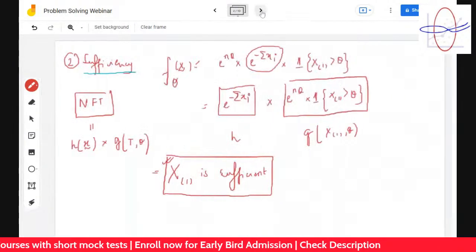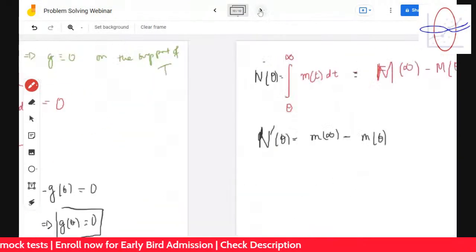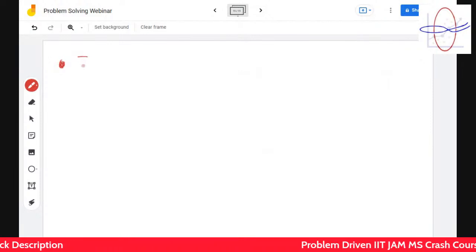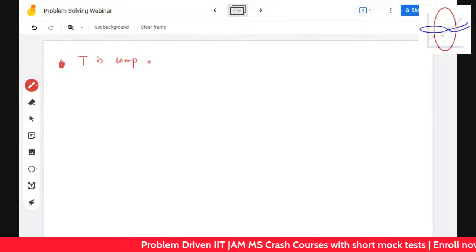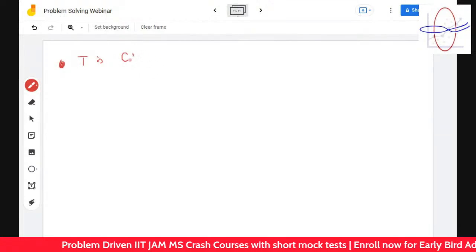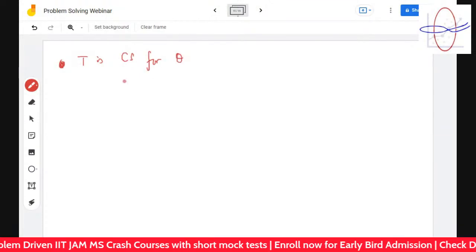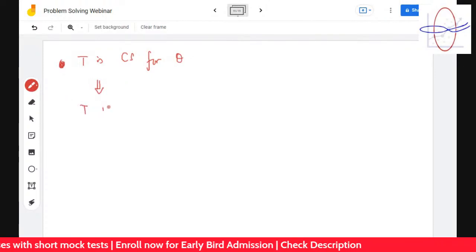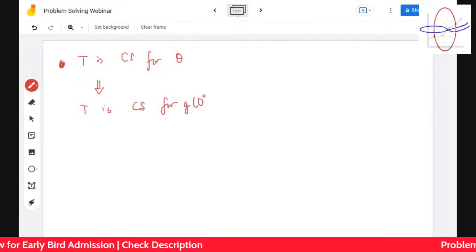Now a small result that you can use is: if T is complete and sufficient for theta, does it imply that T is complete sufficient for any g of theta?